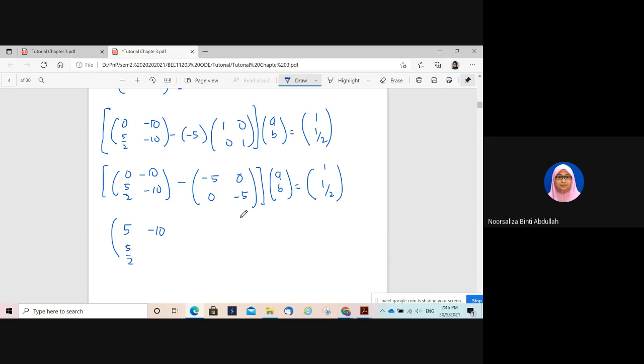And then minus 10 minus minus 5, so we have here minus 5. Times a and b equals to 1 over 2. So up to this part, is it okay?